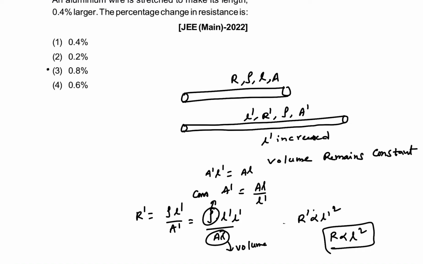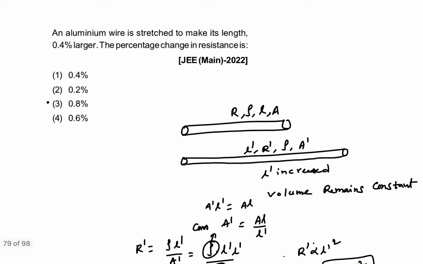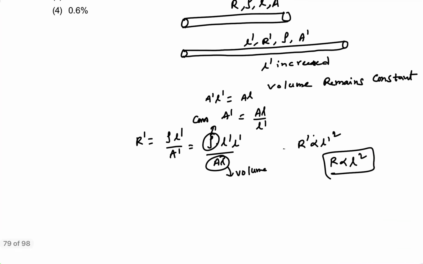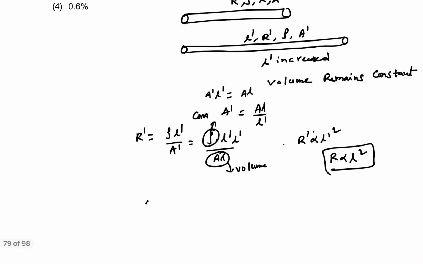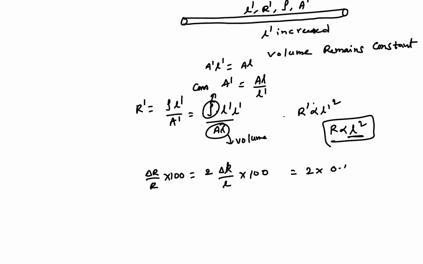Rho is constant. We can see R is proportional to L dash square, or you can write R is proportional to L square. Whenever it is stretched, R is directly proportional to the square of the length. By using this, since only length is given, I can write delta R divided by R into 100 is equal to 2 into delta L divided by L into 100.